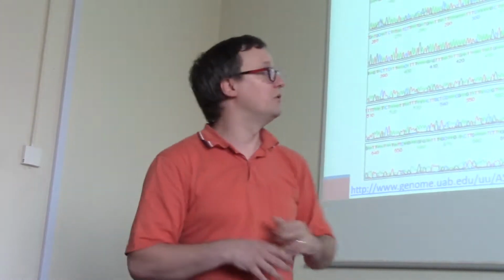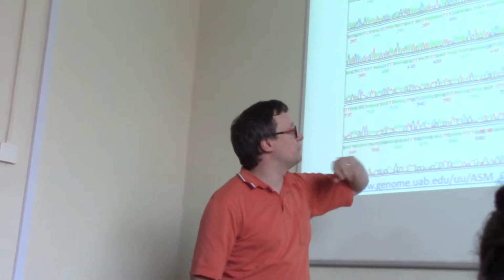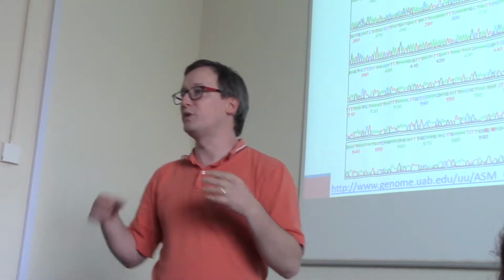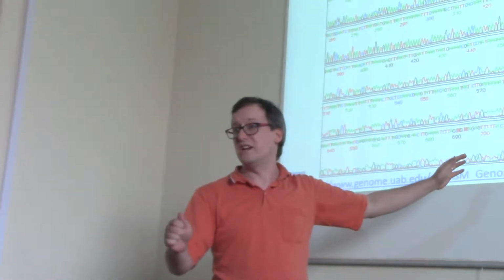When we look at this electropherogram, we're seeing 4 different dyes rising and falling in intensity as a function of time. This is from an old capillary electrophoresis instrument. As I mentioned, capillary electrophoresis instruments were capable of giving us on the order of 500 or 600 nucleotides of sequence for an individual read. So that's pretty great.